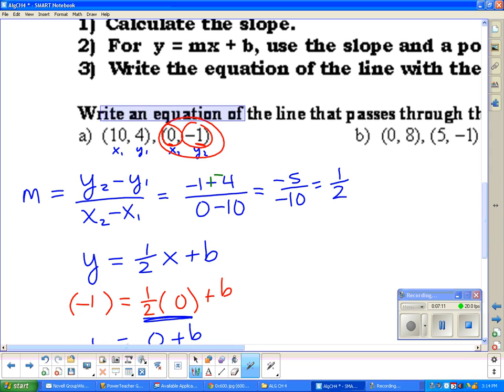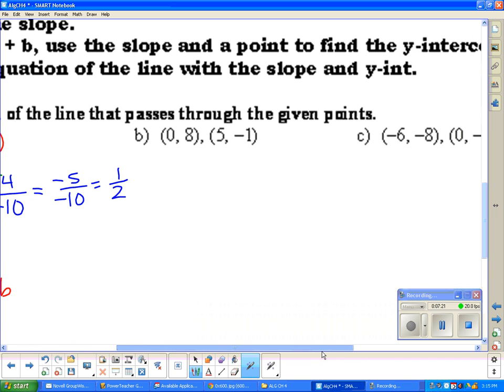Okay, so going over to this one then, I have part b, and I have (0, 8) and (5, -1). So I'll write down the slope formula, and I'm going to figure out what the slope is. So again, it does not matter which one your x and your y's are, just pick one and stick with it.